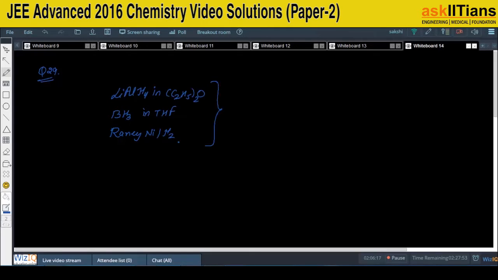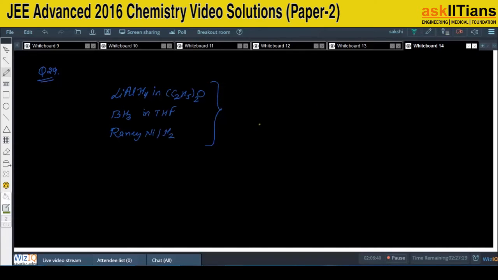Now one important fact regarding all these three reagents is that they can either reduce all the functional groups or some of the functional groups of the compound given on the reactant side. So the very basic thing is we should not use that particular reagent which will reduce all the functional groups, because this is very specific.